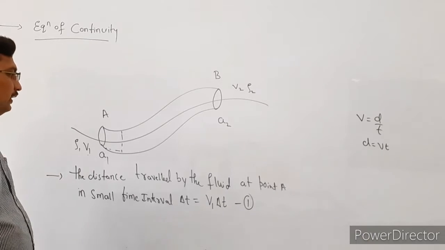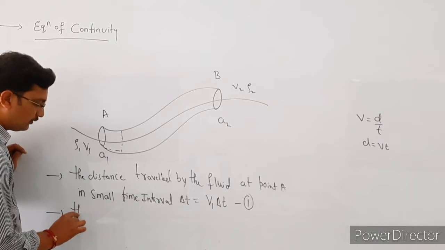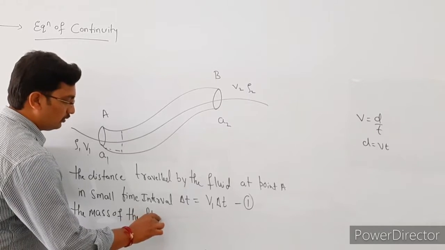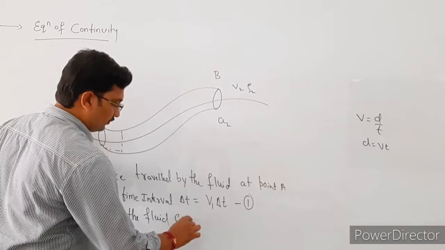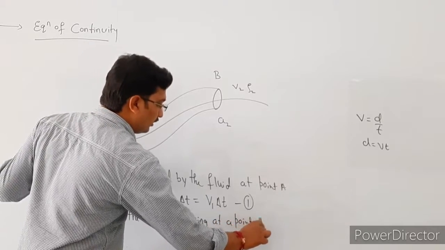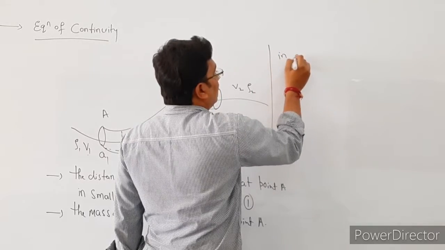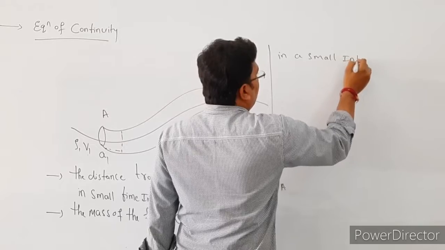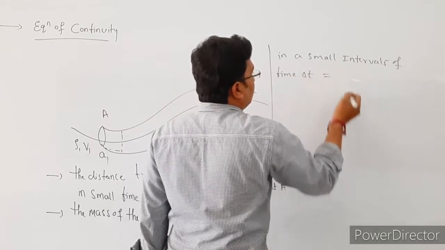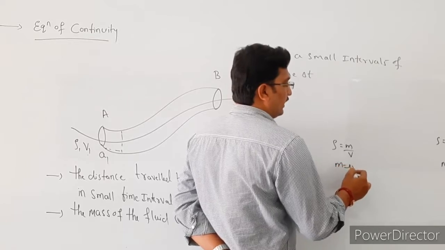Next, the mass of the fluid crossing the cross-sectional area A1 at point A in a small interval of time del t. We already know the definition of density is mass per unit volume, so mass is equal to density into volume.